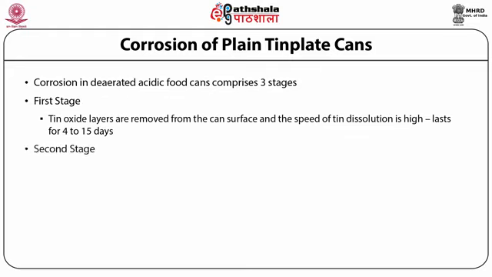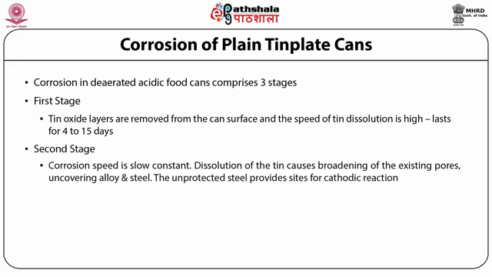In the second stage, the corrosion speed is slow and almost constant. Continued dissolution of the tin causes broadening of the existing pores and scratches, uncovering more and more alloy layer and the steel. The unprotected steel provides sites for cathodic reaction and the developed hydrogen is taken up by the depolarizers in the food.